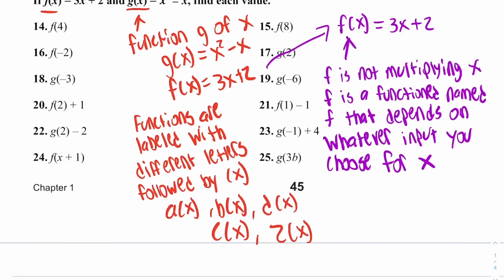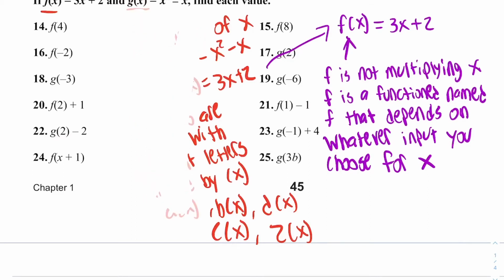F is not multiplying x. F is a function named f, and that function, whatever the output is, depends on whatever input you choose for x. You get to choose what goes inside that parentheses, except in this example video because they were already chosen for us, and then you have to find what the output is.